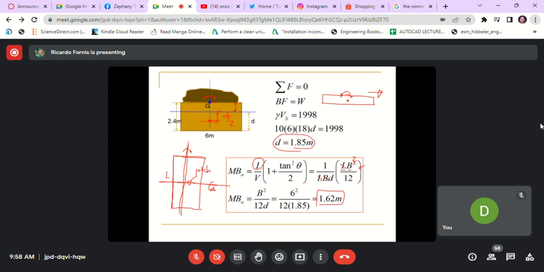From here, we locate the M by utilizing the MBO, which is 1.62. So where will we locate the M? So 1.85 divided by 2 gives us 0.925. This is 0.925.